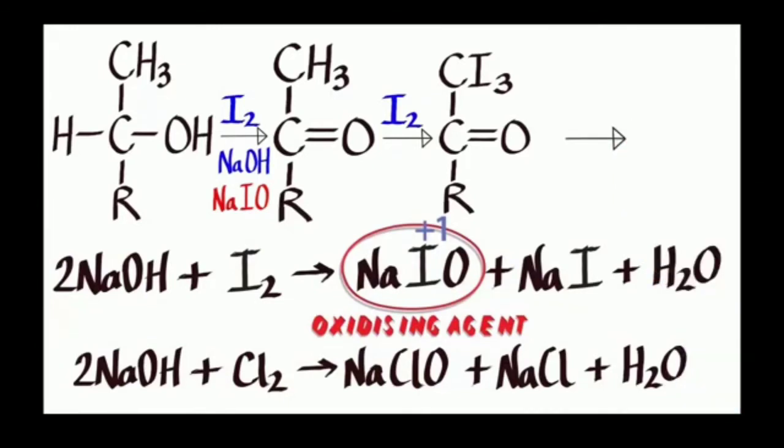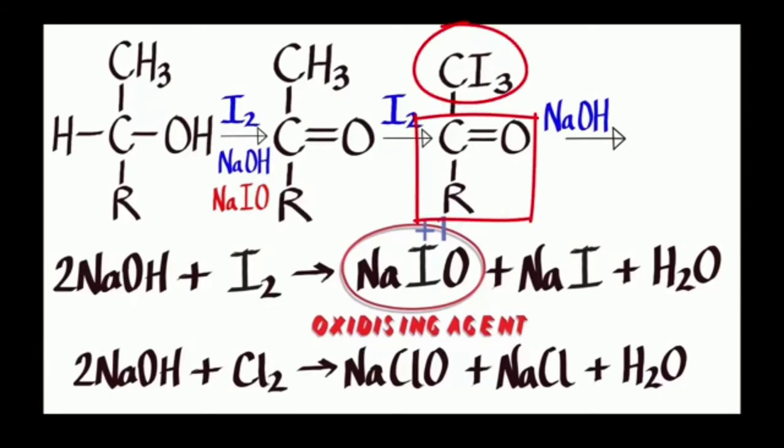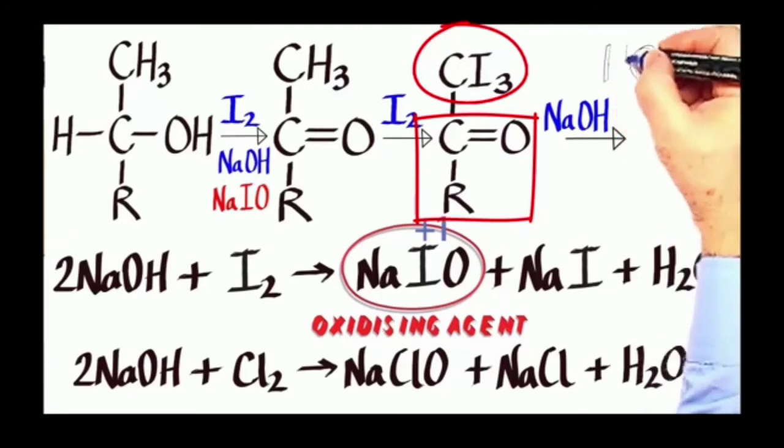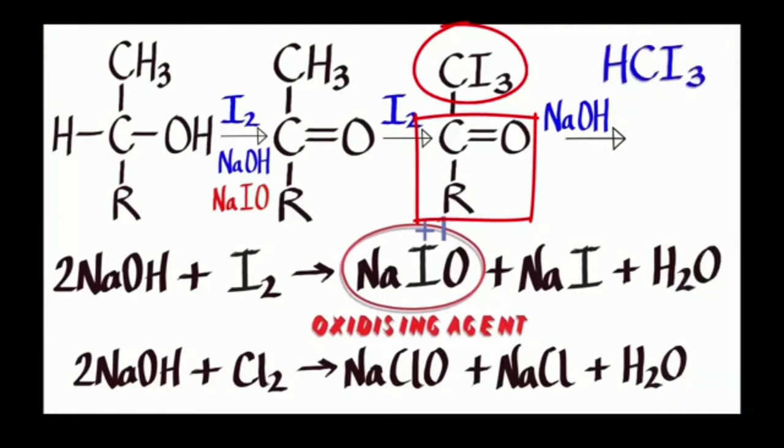Then in the final step, brought about by hydroxide ions from the sodium hydroxide, we get that organic compound there splitting, and it will produce the sodium salt of an acid together with CHI3, triiodomethane, also known simply as iodoform, and you'll see that it is a pale yellow solid with an antiseptic smell.